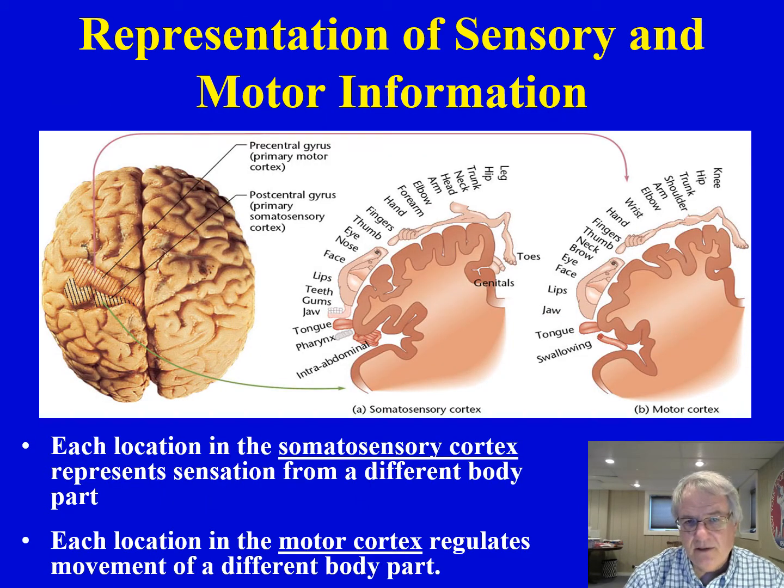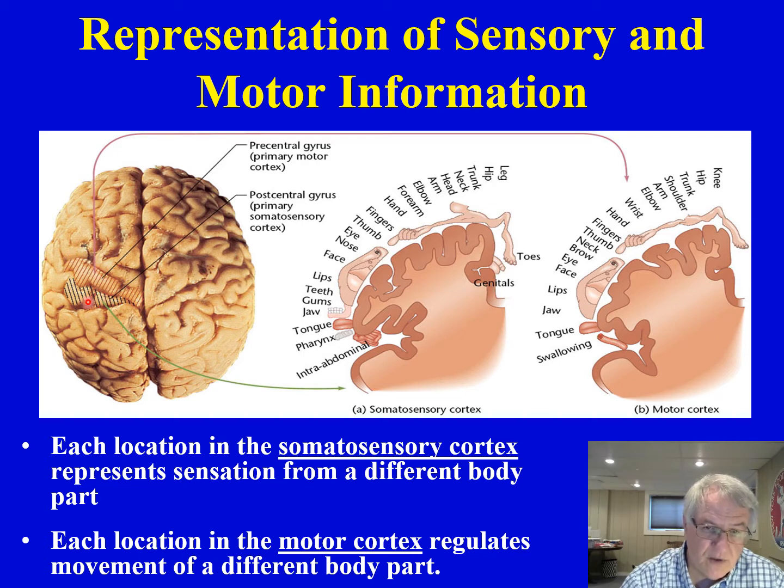So when we take a look at the sensory and motor information that the precentral gyrus and the postcentral gyrus mediate, here's the precentral gyrus that you see right here. Here is the postcentral gyrus. The precentral gyrus is what we call our motor cortex.